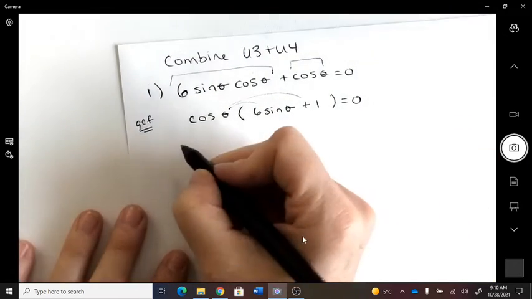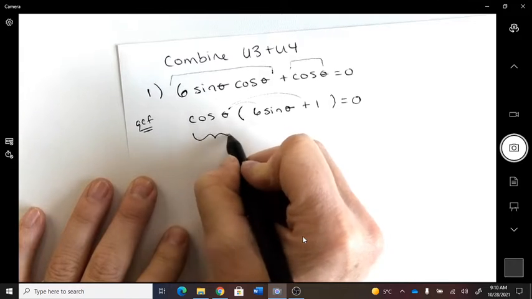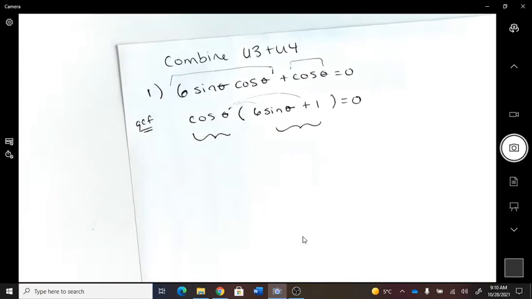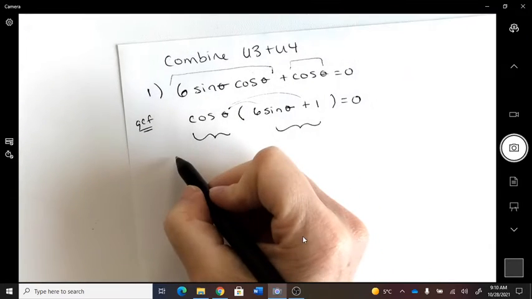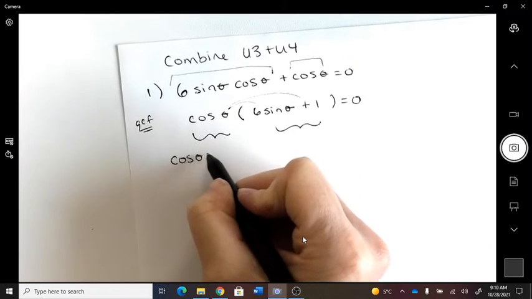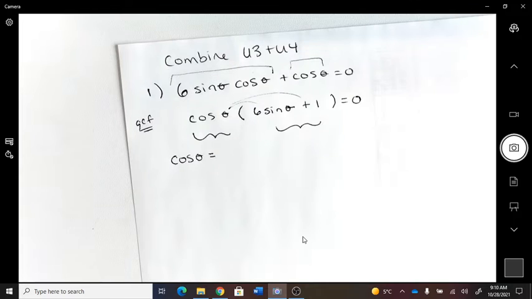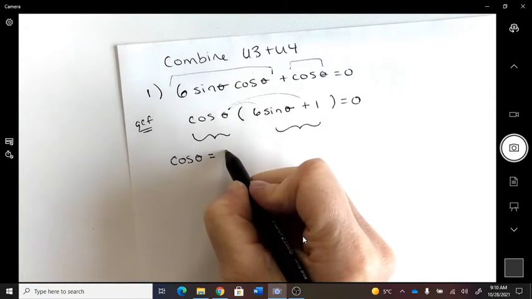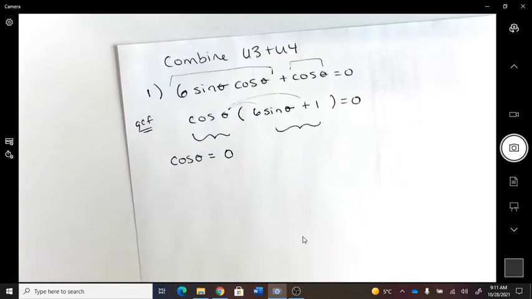Okay. So I'm going to deal with this and this. I'm trying to make it 0. So my variable is cos theta. If I want that to be 0, cos theta would have to equal 0.